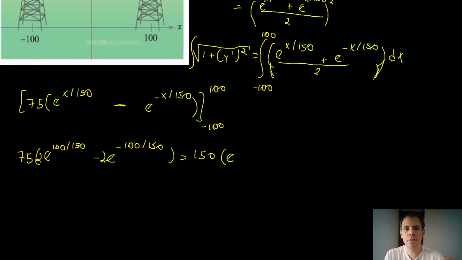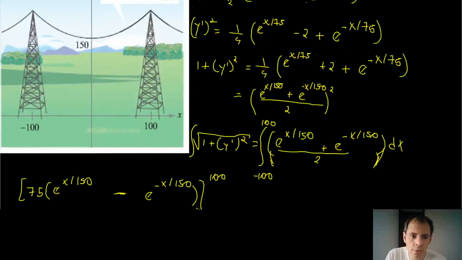And then multiply by e to the 100 divided by 150. Well, it's 10 over 15. Simplifying by 5 you get 2 over 3. So we have e to the 2/3 minus e to the minus 2/3. When you do that in the calculator, you're going to get approximately 215. 215 what? Whatever the unit is.